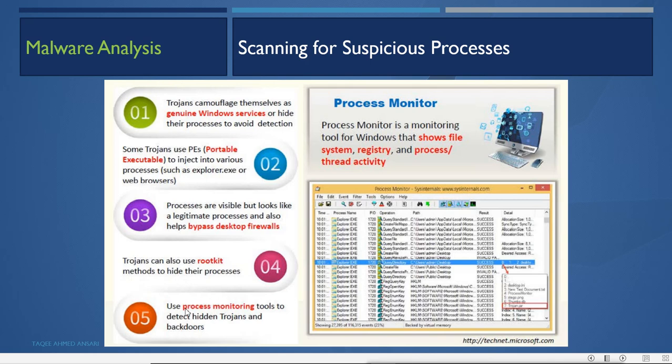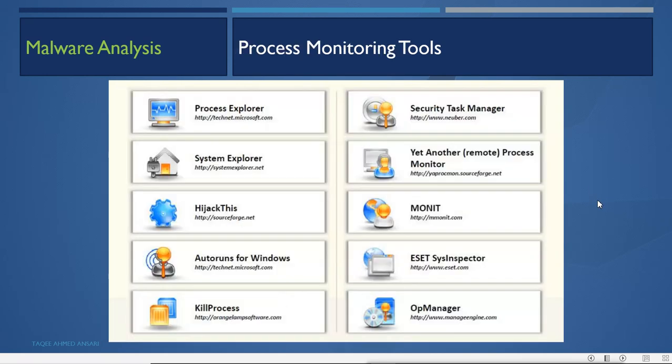Use process monitor tools to detect hidden Trojans and backdoors. Process Monitor is a monitoring tool for Windows that shows files, system registry and process thread activity. We can use different tools to monitor the processes. By default we have Task Manager, and also Process Monitor in Windows, or we can use other tools like Process Explorer.